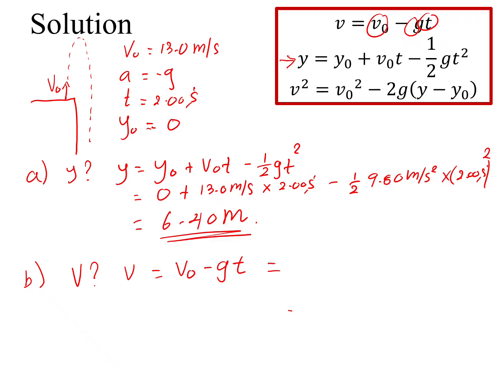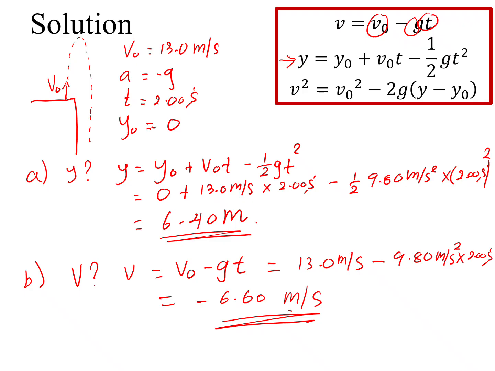So v naught is 13 meters per second minus g is 9.8 meters per second squared times t is 2 seconds. And this equals negative 6.6 meters per second.